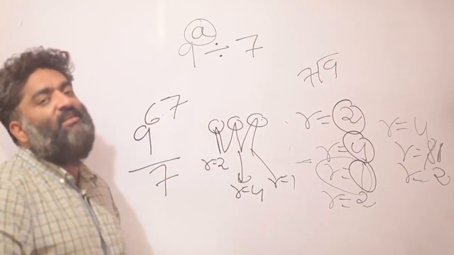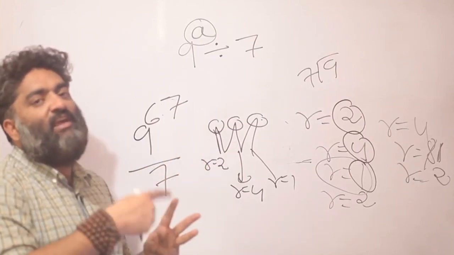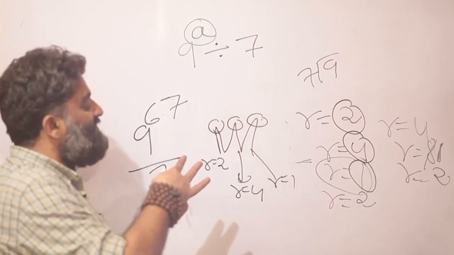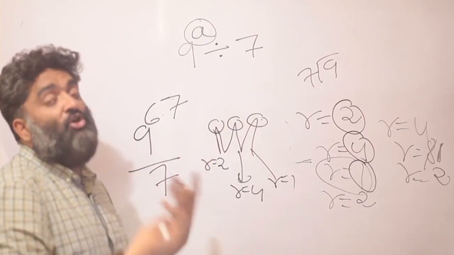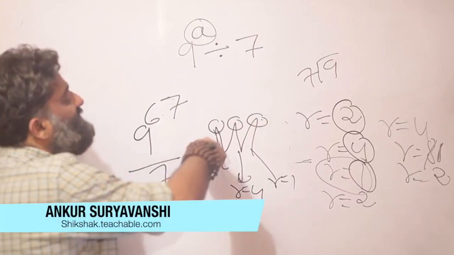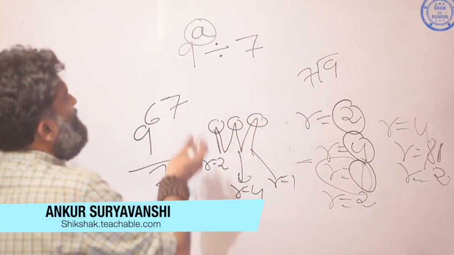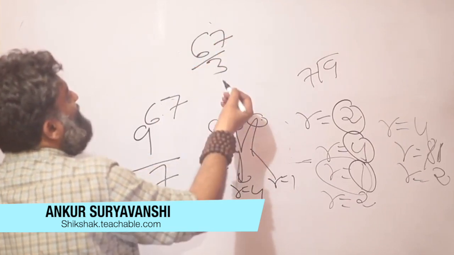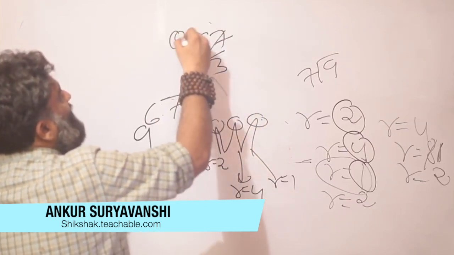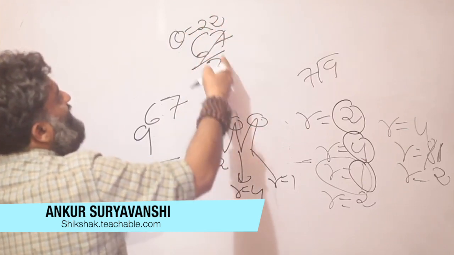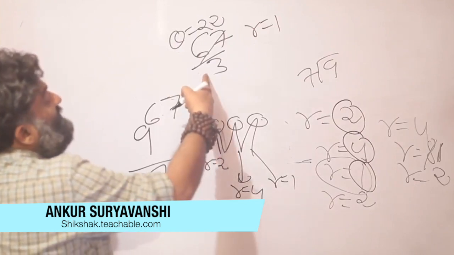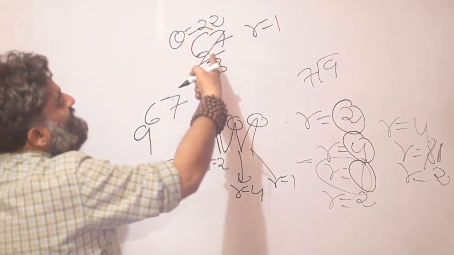Where will 67 land? One way is to obviously count it physically, 1, 2, 3, 4, 5, 6, 7, 8, 9, 10, 11, 12. Or see that after 3 there is a cycle repeating. That means take this 67, try and divide this by 3 and see what happens. So you get the quotient as 22, 3 22s are 66, and the remainder is 1. This 3 22s is 66 means what?